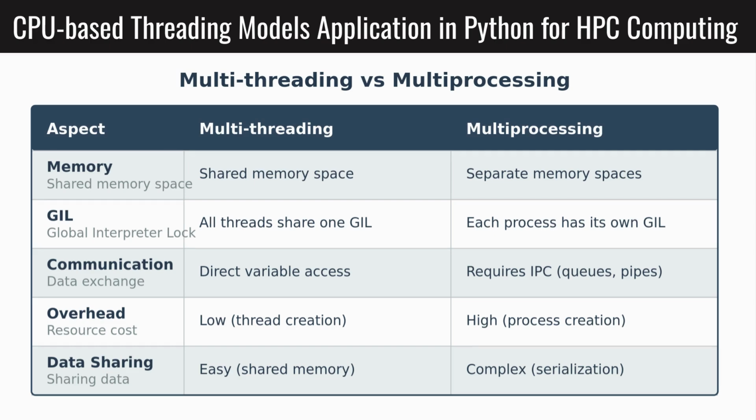Multithreading creates threads within a single process, sharing the same memory space and competing for the same GIL. Threads can directly access shared variables. Processes cannot. They must use queues, pipes, or shared memory objects. Multiprocessing bypasses the GIL by using separate processes, not by enabling multi-threading, while multi-threading needs the GIL to be disabled.